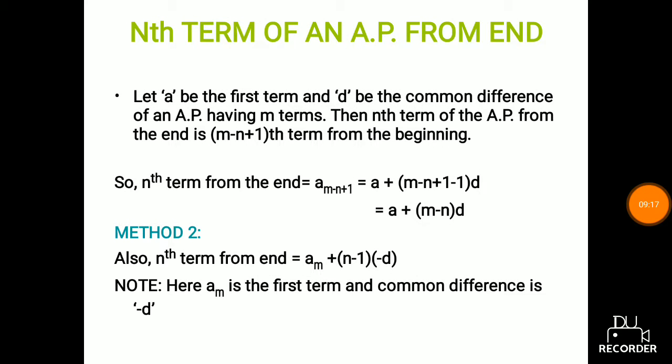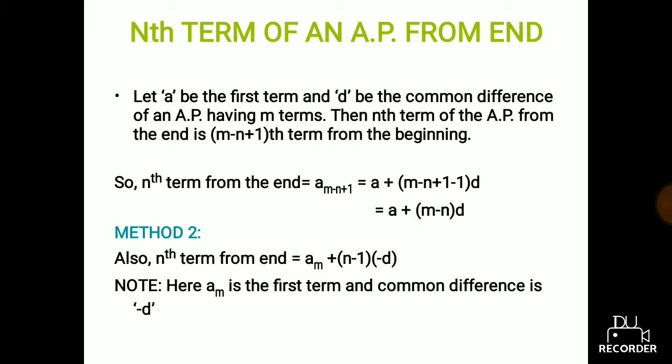Now another method of finding the nth term from the end. Suppose we have an AP 1, 2, 3, 4, 5. That is, the first term is 1, the last term is 5, and the common difference is 1. If we want to find the second term from the end, we will consider the AP in reverse order. So now our AP becomes 5, 4, 3, 2, 1.